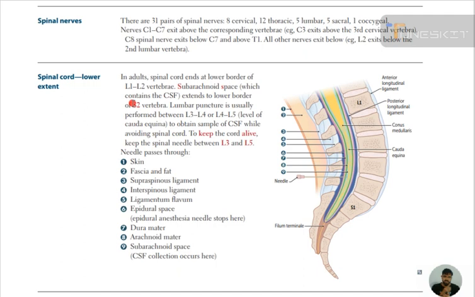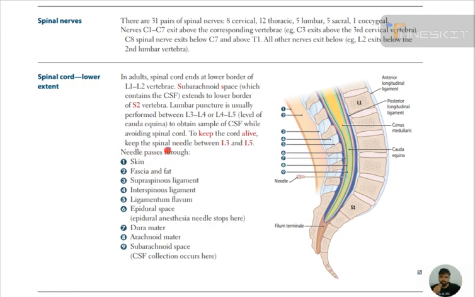Lumbar puncture is usually performed between L3 and L4 or L4 and L5 level, at the cauda equina, to obtain a sample of cerebrospinal fluid while avoiding the spinal cord. To keep the cord safe, keep the spinal needle between L3 and L5.